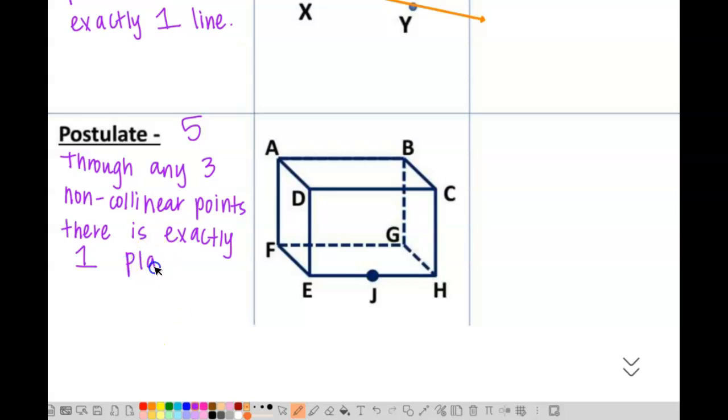And that is the reason why when you name a plane, what kind of points do you need? Non-collinear points.